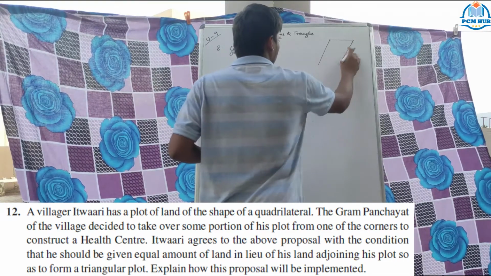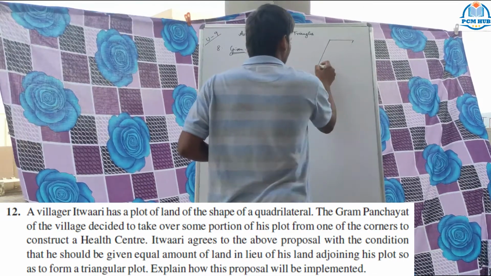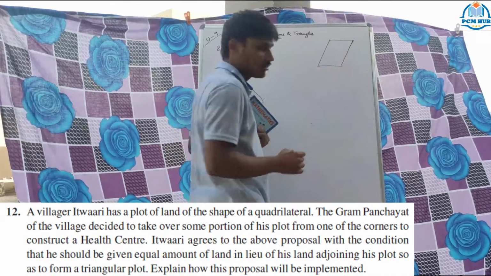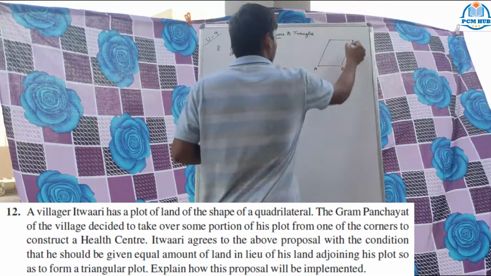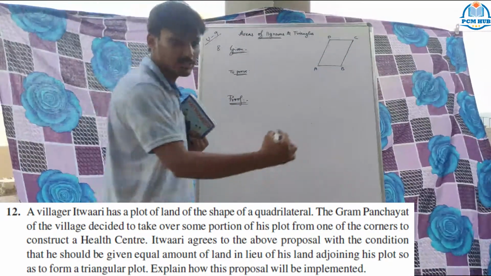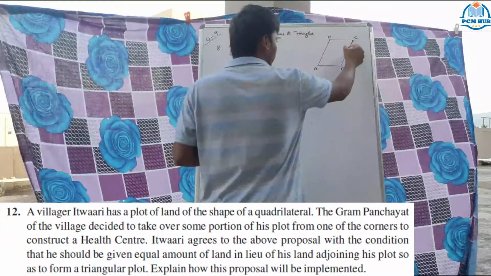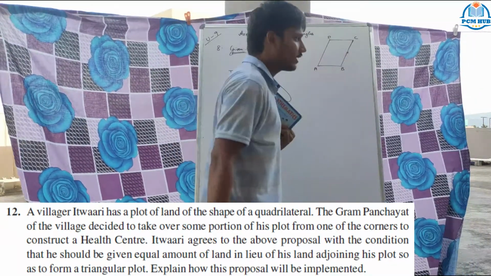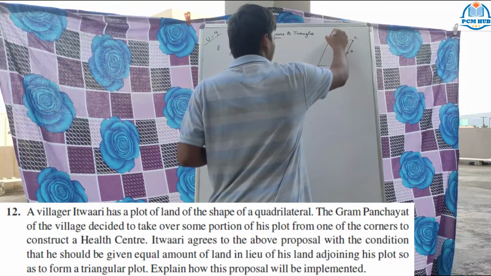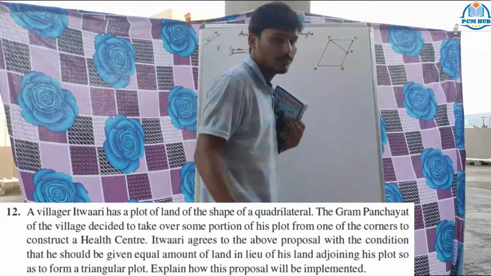Similarly, we have this person, Itwari. He has a land in the form of a parallelogram. Let it be ABCD. From one side, the government people came, put a mark as a center, and this mark is written as O, and from here they cut like this to one of its opposite edges.